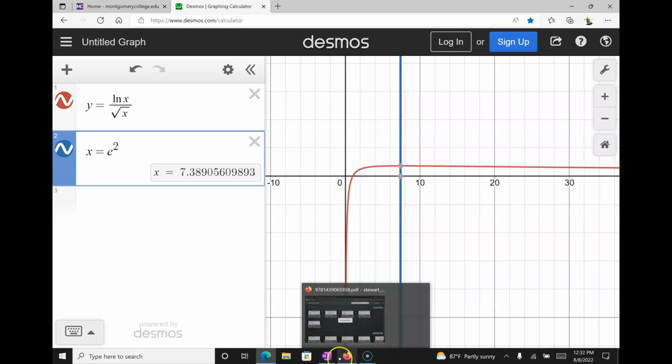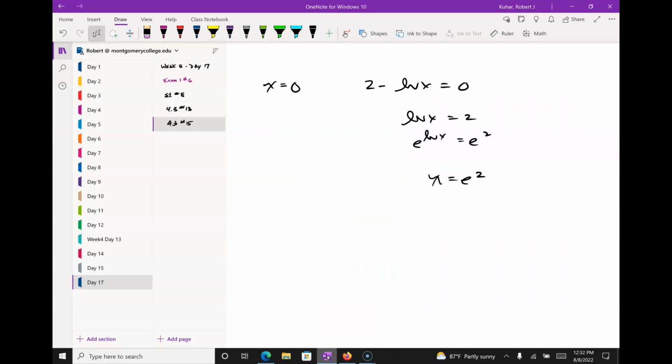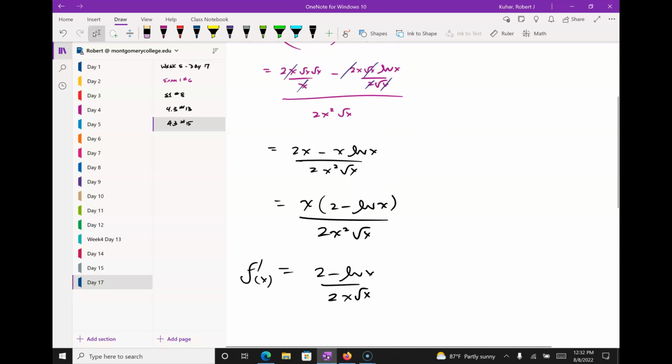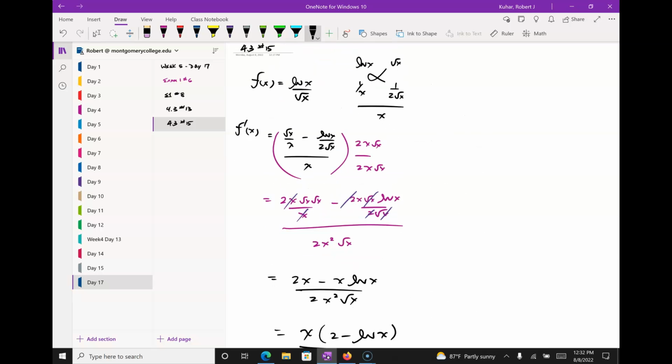But if I put that value in, what do I get? I get f of e squared is the ln of e squared over square root of e squared. So that's 2 over e, right?